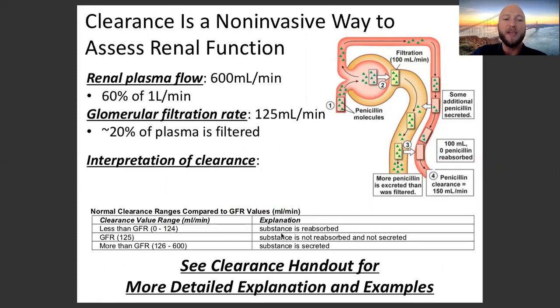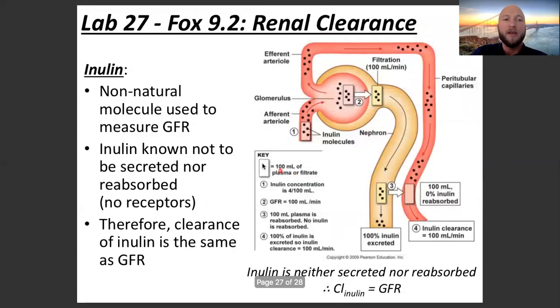All right, here it is again. You can see it written out in a different way. So inulin right here is commonly used to assess kidney function in the real world. Inulin is a non-natural molecule used to measure glomerular filtration rate.